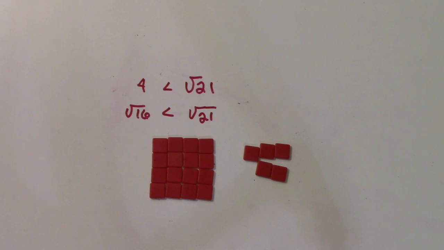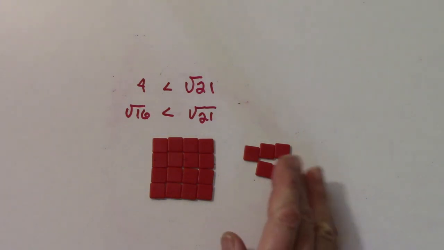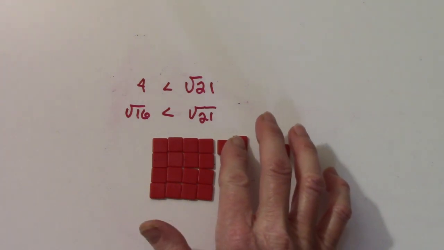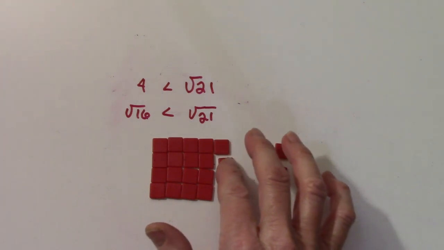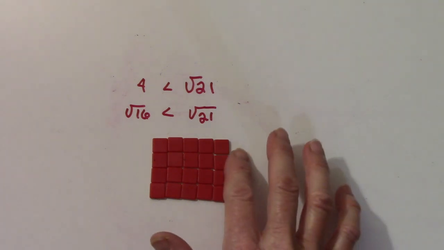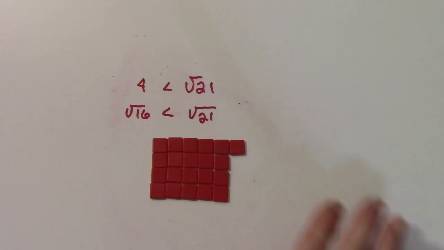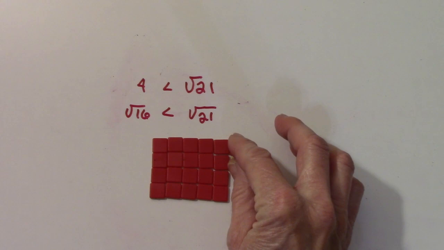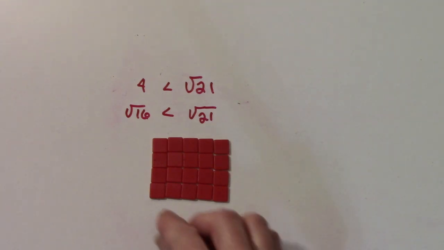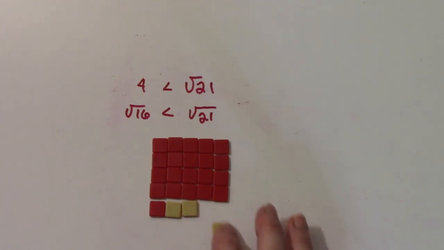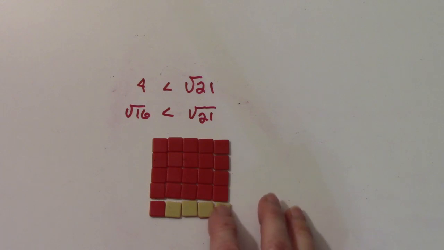And now I'm going to look for the smallest square I can make using more than the 21 tiles. So let me put these tiles back that I had, that's 20, 21, and I need to put them over here, 21, 22, 23, 24, 25.